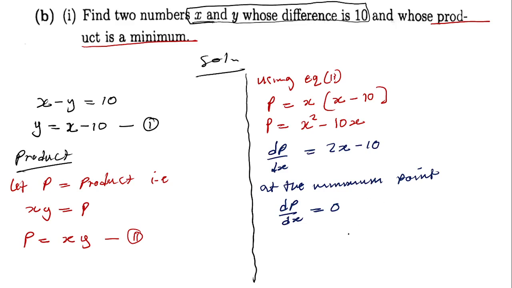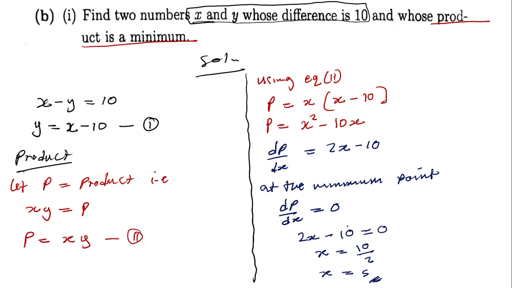So from there, you're going to say 2x minus 10 is equal to 0. So x is equal to 10 over 2, x is equal to 5. I have found the first value, which is 5. Once I find 5 as my x, I can now look for y.